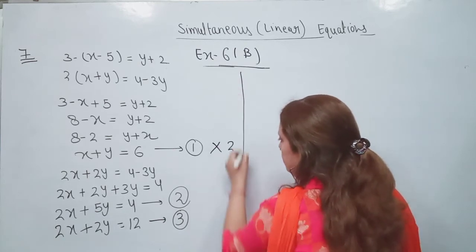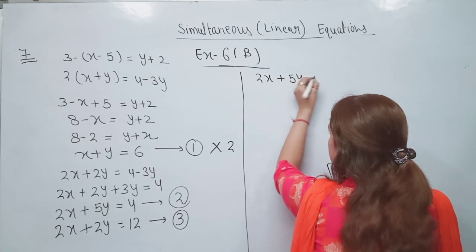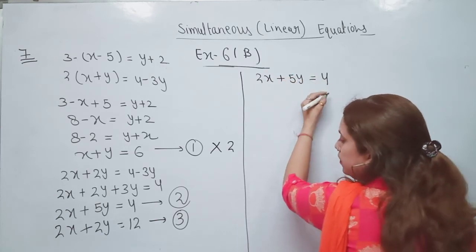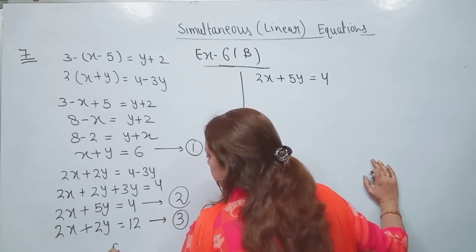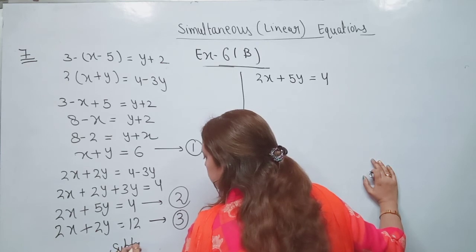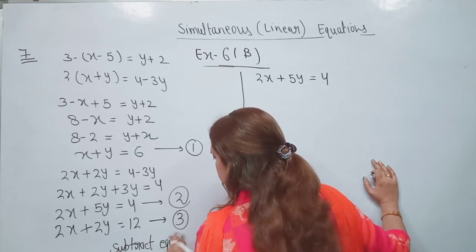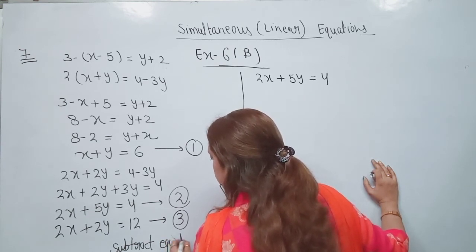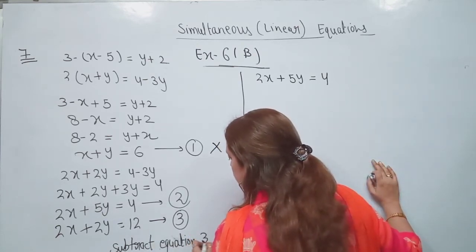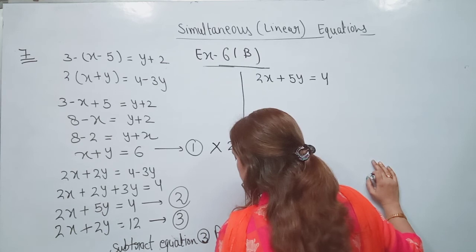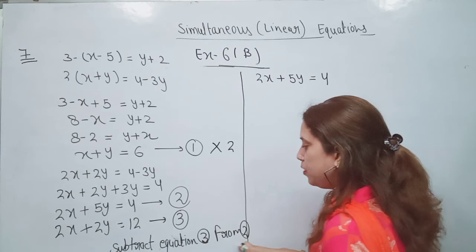Okay, so let's do subtraction. 2x plus 5y is equal to 4, and you can write down here: subtract equation third from second.